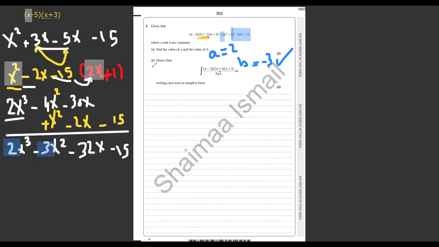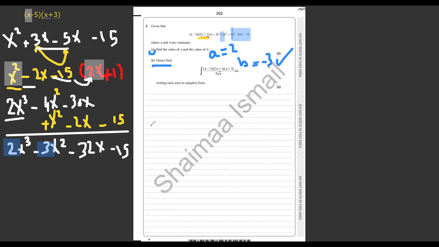Okay, hence, so we have to use the a. When he says hence, you have to use the a. The integration of x minus 5 times 2x plus 1, x plus 3, all this dividing by 5 root x.